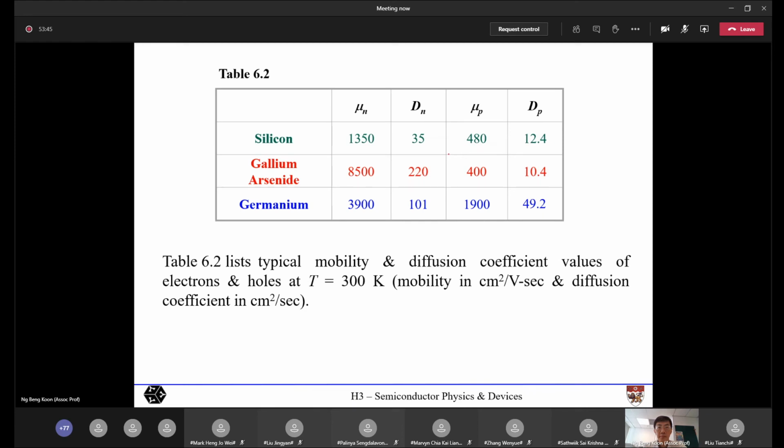And in fact, if you know one of these parameters and the knowledge of temperature, you can essentially work out the other parameter. Okay, as long as you know the temperature, you can use the Einstein relation to find out the other parameter. So this is actually a useful relation that allows you to determine one parameter from another if you know the temperature.